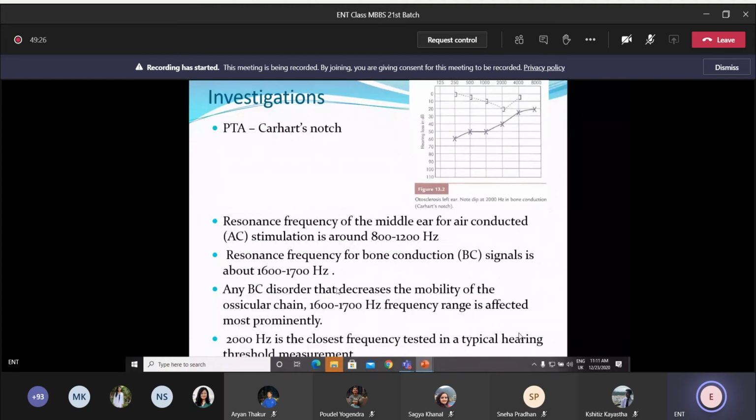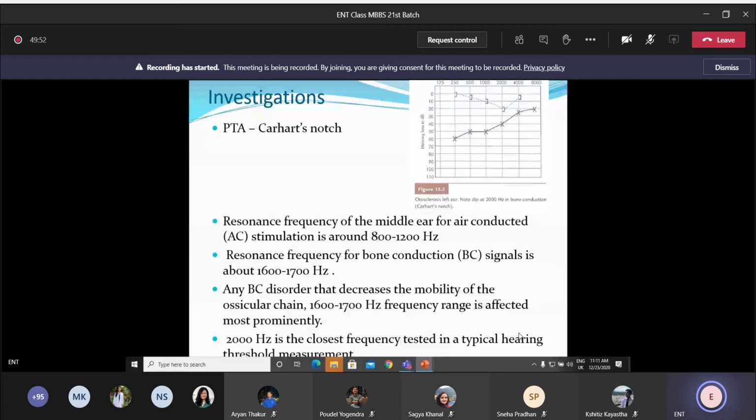We do not measure in our audiogram at 1600 to 1700 hertz. We measure 125, 250, 500, 1000, 2000. So the resonance frequency of bone conduction lies near 2000 hertz, and we are measuring at 2000, so you would see a dip here. So this is why the dip occurs.